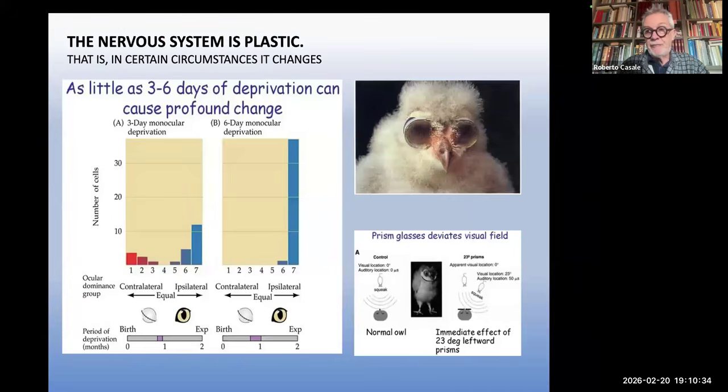And a fantastic demonstration is that it takes only a few days of applying prismatic glasses to a poor owl to modify its visual cortical projection. Only a few days to reorganize the visual cortex.